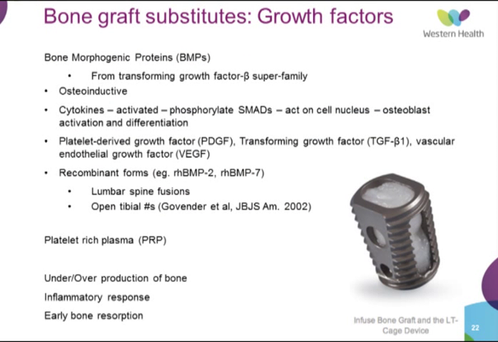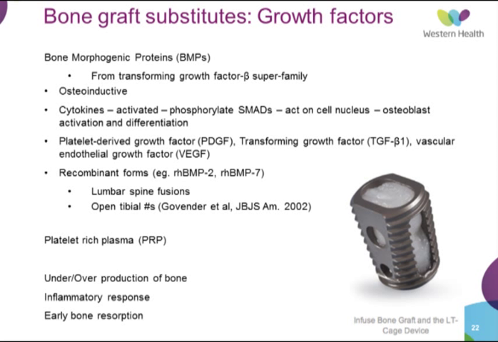So moving on now to BMPs, which is a broad area and something which has come from the literature in the past 10 years. Bone morphogenic proteins are from a greater family of growth factors called the transforming growth factor beta superfamily, and they're osteoinductive in promoting osteoprogenitor cells to form.